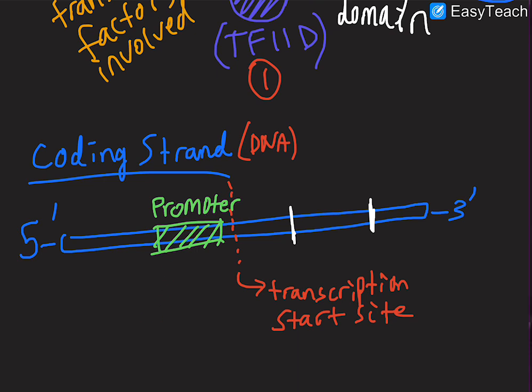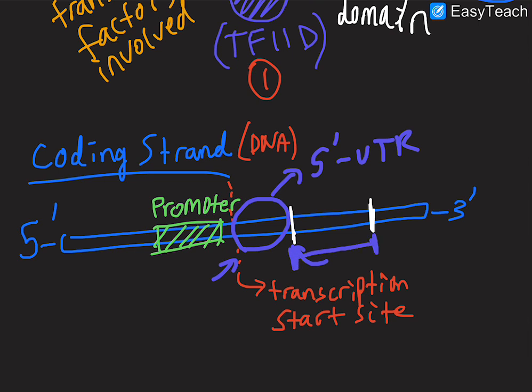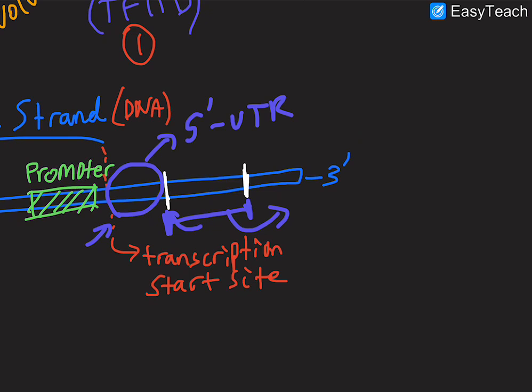The space between the transcription start site and this white line is going to be the 5' untranslated region. Between these two white lines is the open reading frame, consisting of the exons and the introns.